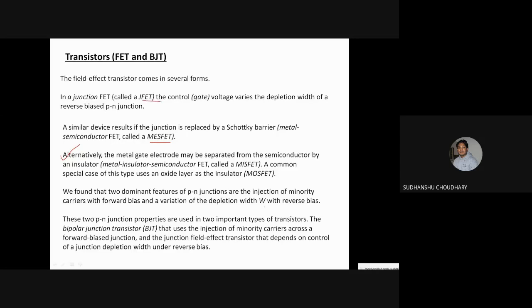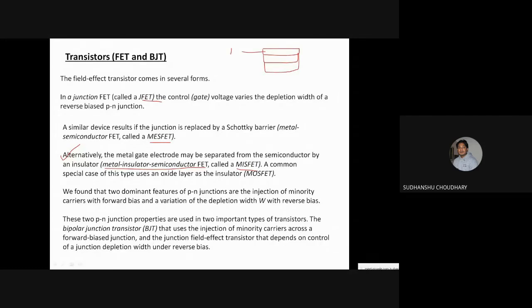The third form is called MISFET, which is metal insulator semiconductor field effect transistor. Right? So metal insulator semiconductor. The first layer is metal. The second layer is insulator. The third layer is semiconductor.